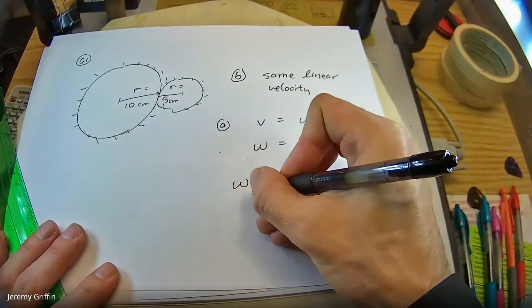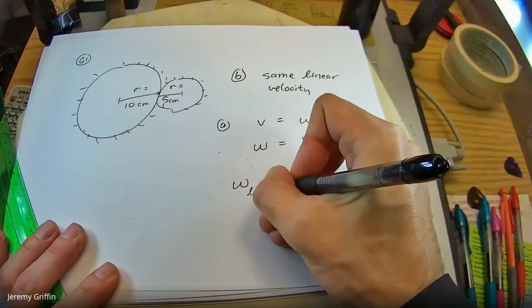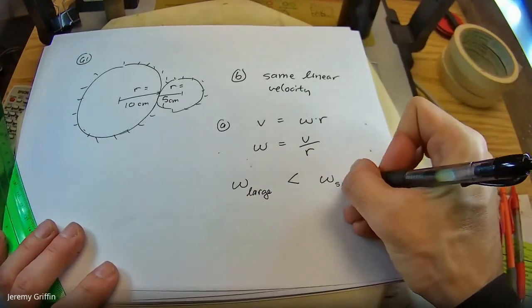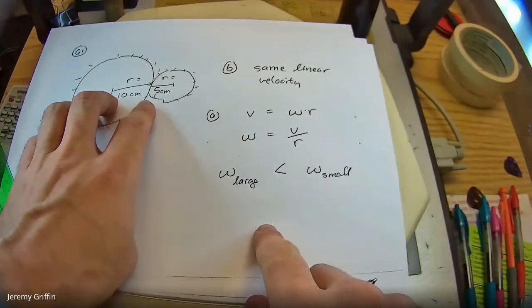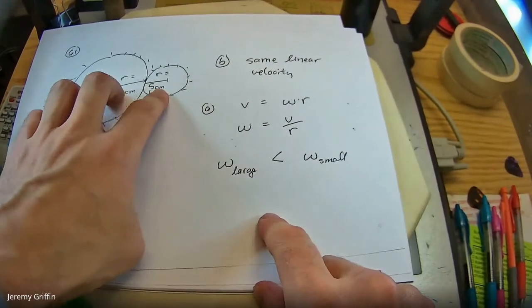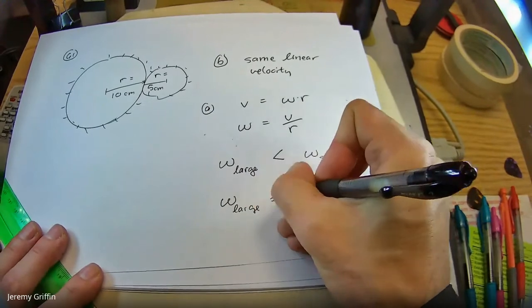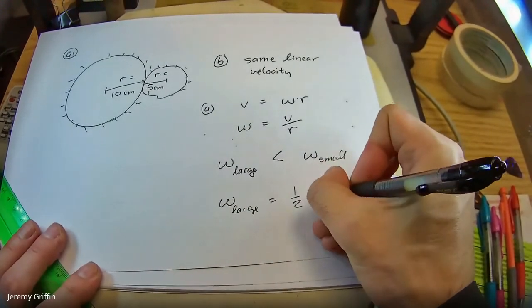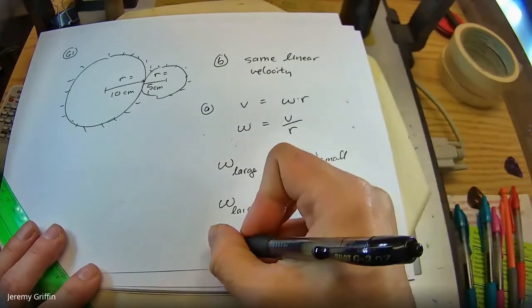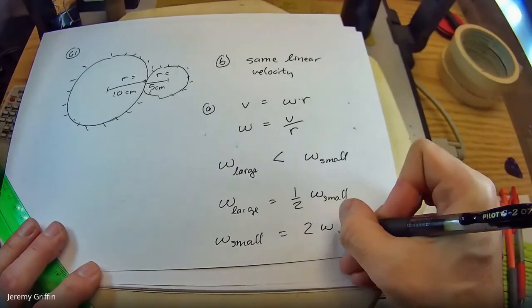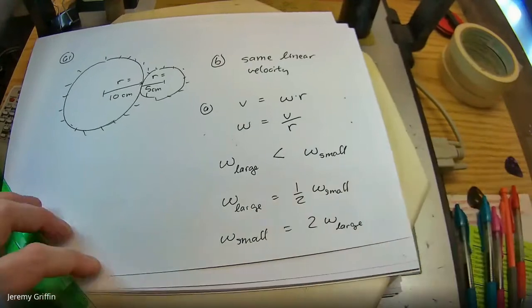So angular velocity of the large gear is less than angular velocity of the small gear. In fact, for my exact setup with 10 centimeters versus 5 centimeters, omega of the large is exactly half omega of the small. Or omega of the small gear could be 2 times omega of the large gear, if you like thinking of it that way.